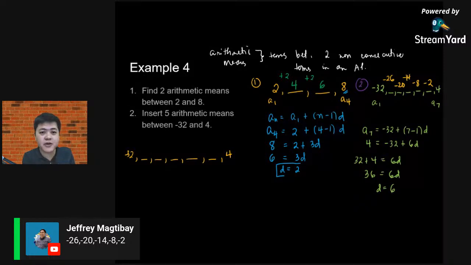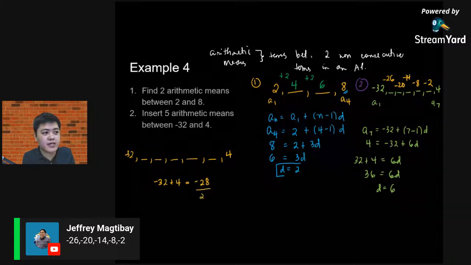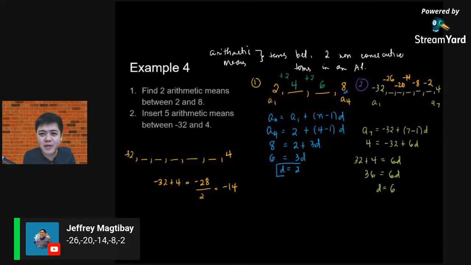So we can just add negative 32 plus 4. That will give us negative 28. And then we divide this by 2. So we'll get negative 14. So negative 14 yung gitna, yung pinakagitna.